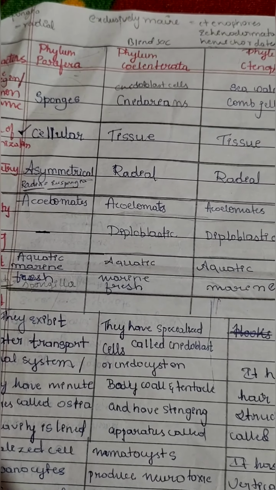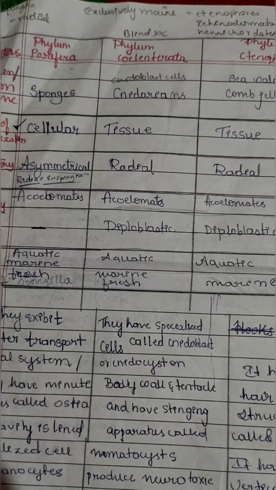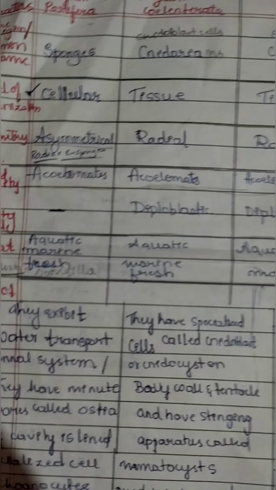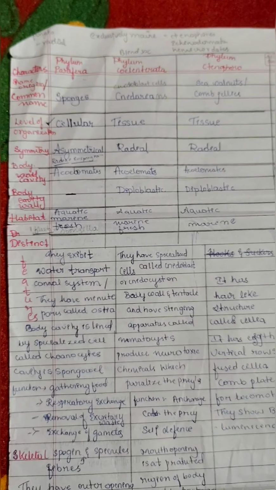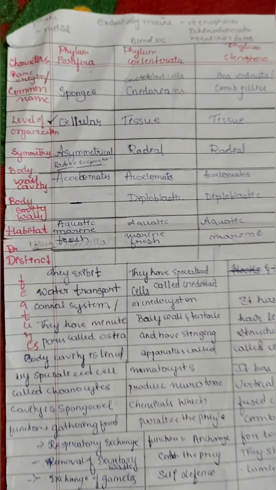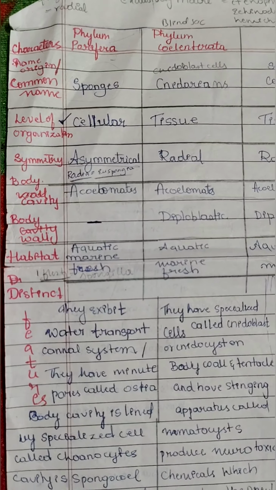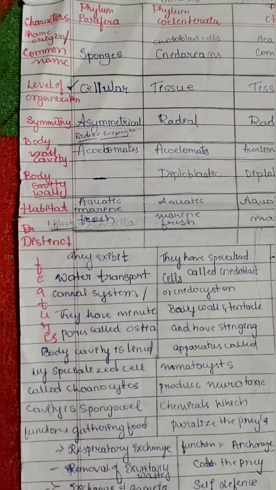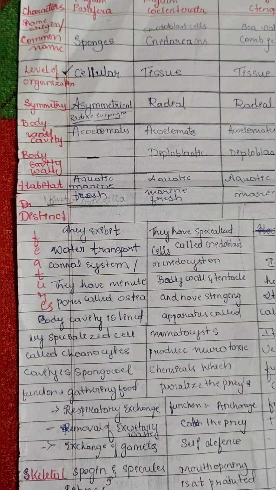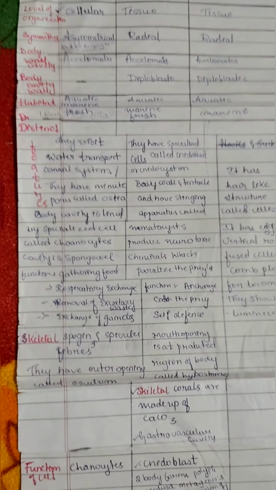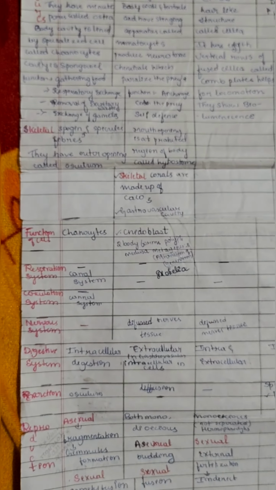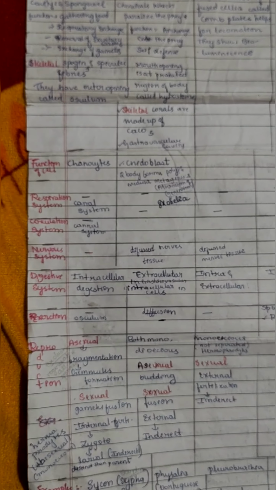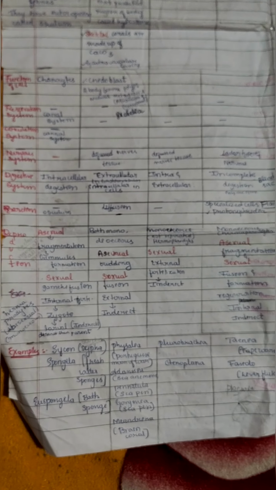First let me show you the short notes which I prepared for my studies. As you can see, all the phyla are there. In this section I have written common name, level of organization, symmetry, body cavity, body wall, habitat, distinct features, skeletal system, function of cell, respiration, circulation, nervous system, digestive system, excretion, reproduction, and examples.